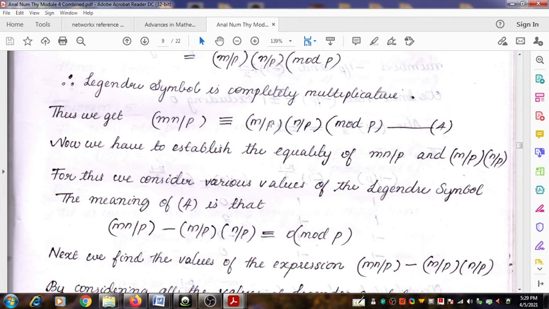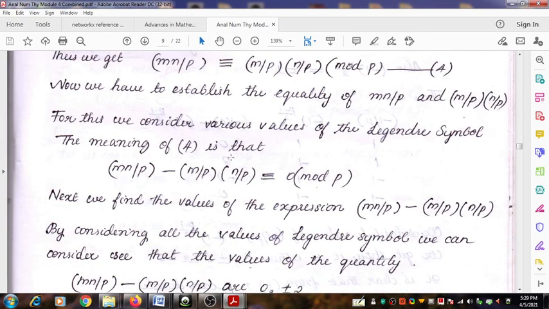In short, you have to consider all possible cases of various values of the three Legendre symbol values that are used in the equation. Then you have to establish the equality in all the cases. Okay, and that can be done. You can see that is done here.